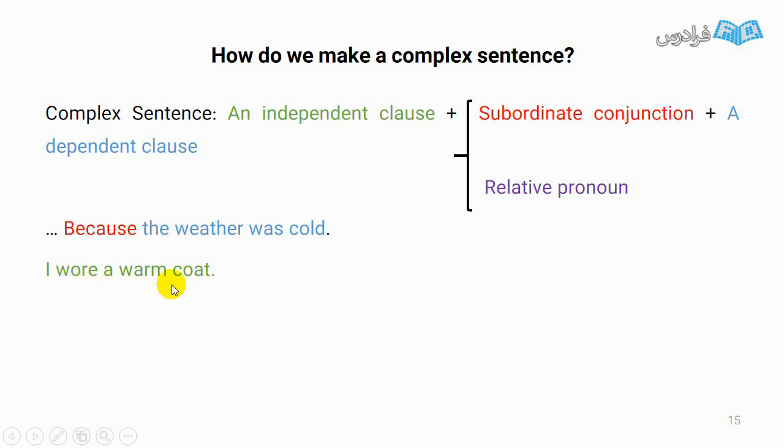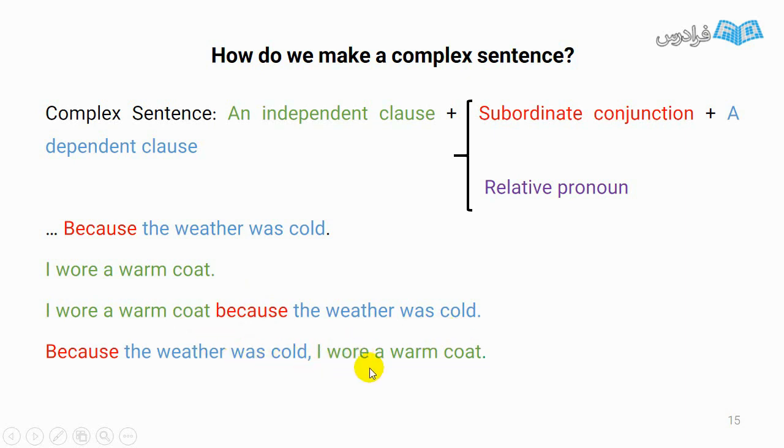When I say this, you are not waiting for what is going on. Then, we call this one a dependent clause, and this one an independent clause. Just combine them to make a complex sentence. I wore a warm coat because the weather was cold. I can replace them. If you replace them, you need a comma here.